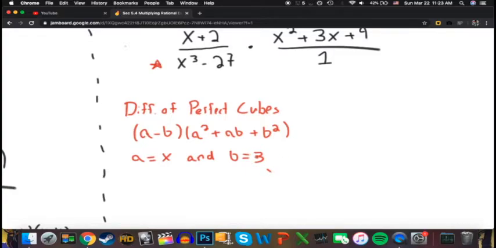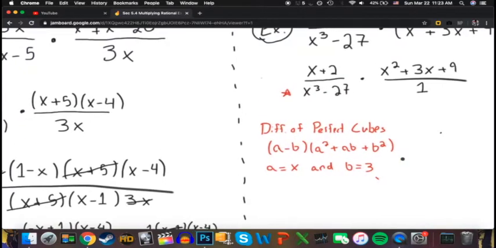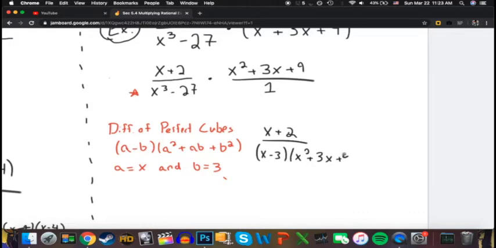Right? And so now if we were to plug those values into our formula just for that denominator, then we're still going to have an x plus 2 over on the top. And now down here, I do x minus b, so I'm going to have an x minus 3. And then over here, I'm going to have x squared plus 3 times x for that ab portion, so that's just going to be a 3x. And then plus b squared, which is 9. Okay.